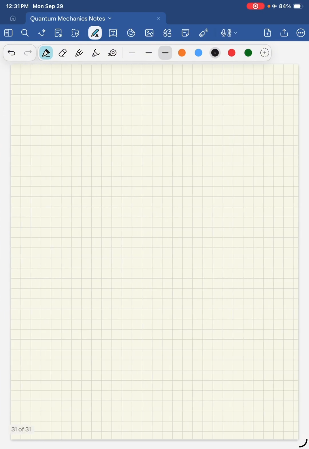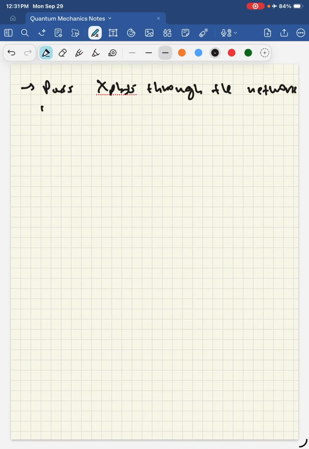Okay, so how do you approach the problem? So you pass xphys through the network to obtain y PINN, okay, which is going to be your y phys.